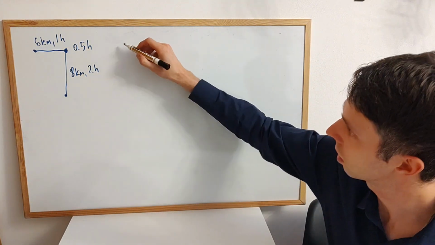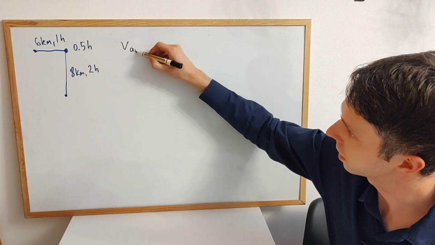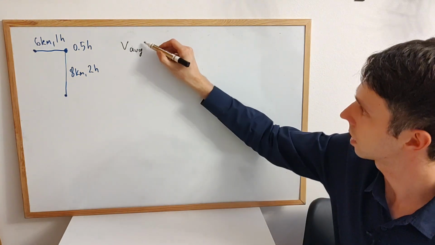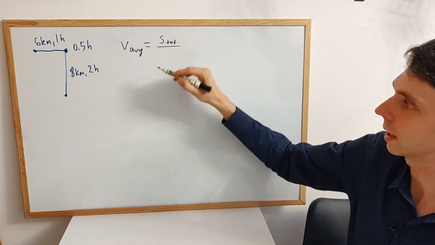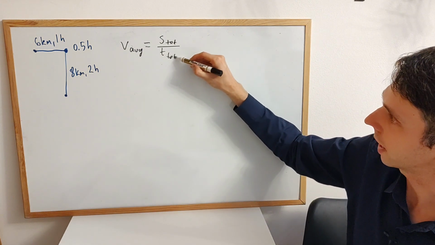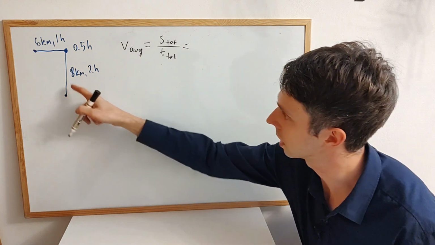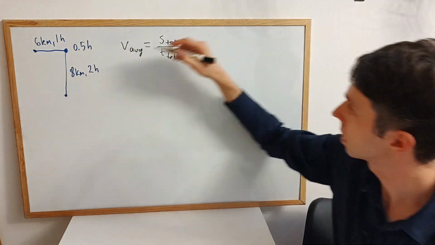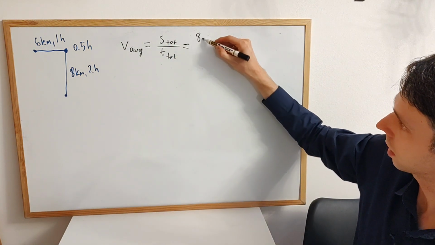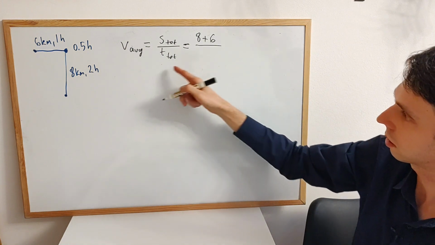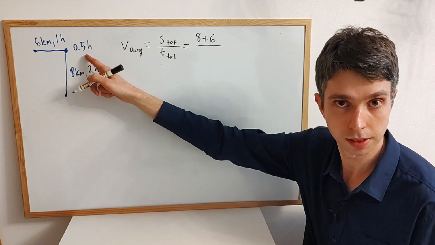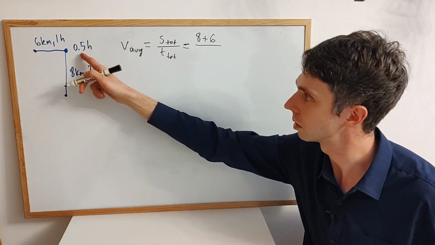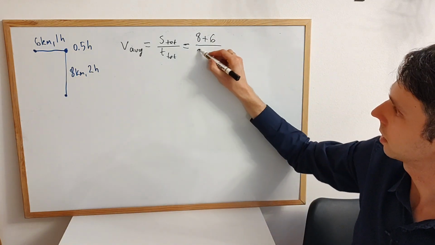I recall that average speed is calculated as total distance divided by total time. Total distance is 8 kilometers plus 6 kilometers, and total time is 2 hours plus half an hour of rest plus 1 hour.